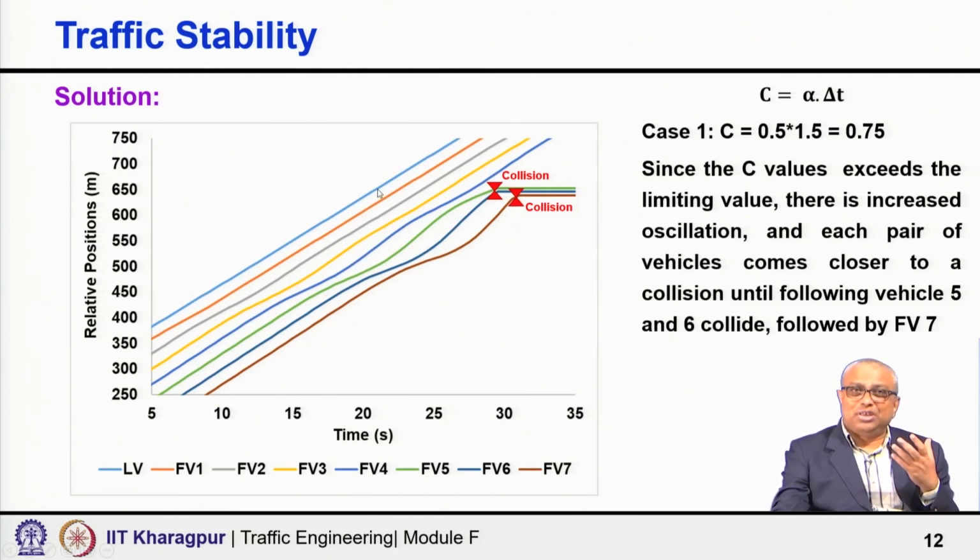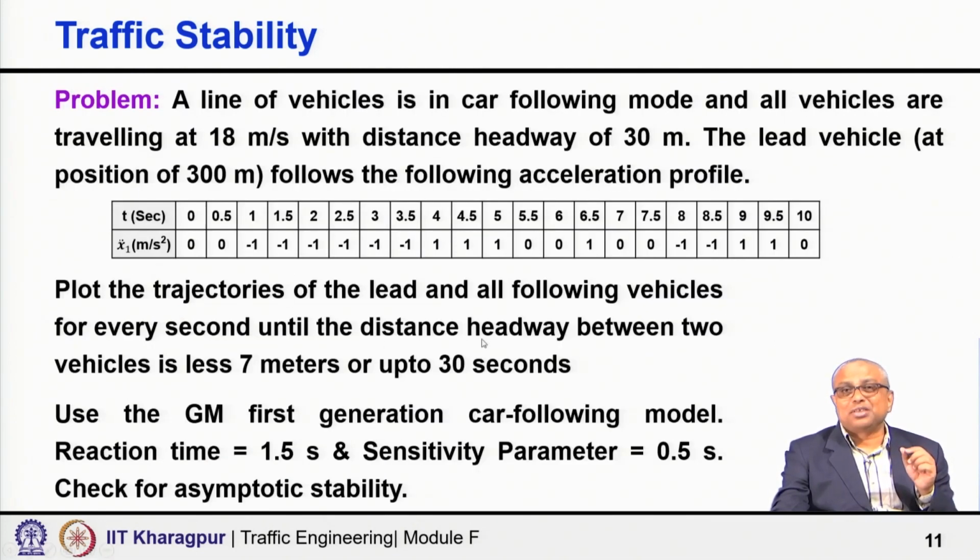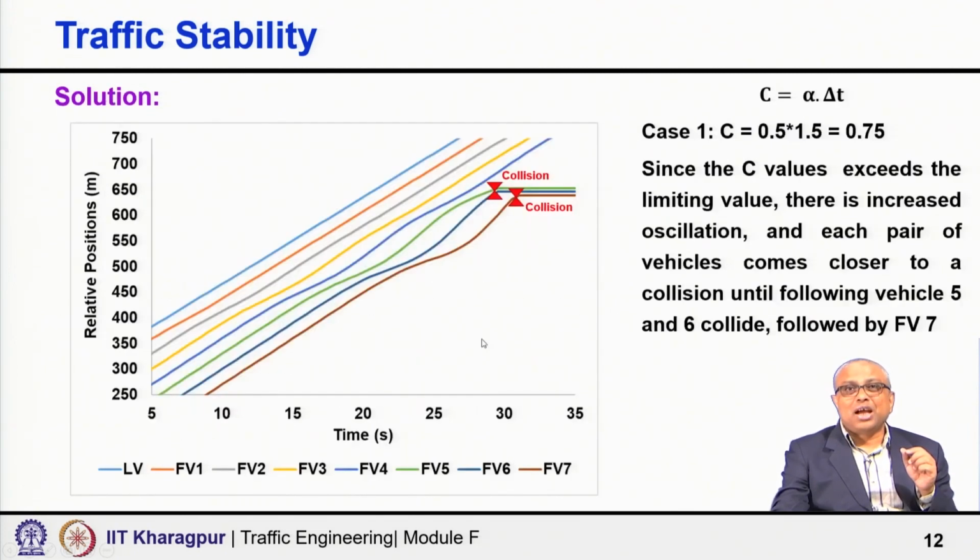This is the first lead vehicle. So, first following, second following, third following, fourth following, fifth following, and then sixth. Fifth and sixth eventually are going to have a collision, because the difference is coming less than 7 meter. And once this collision happens, then the standstill situation will occur, right.